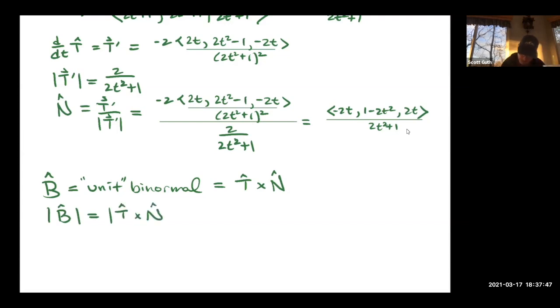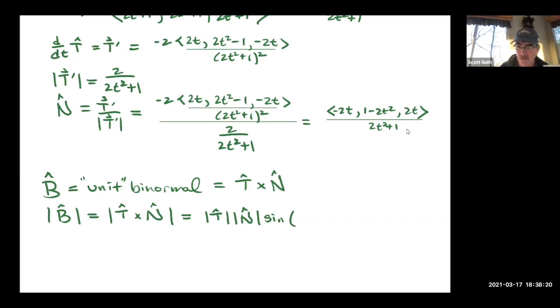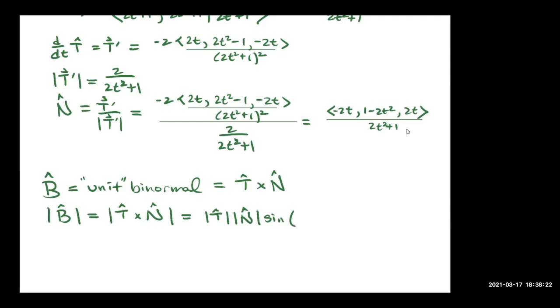Okay, and the magnitude will be equal to the magnitude of T times the magnitude of N times, is it a sine or a cosine? Sine of what angle? Of the angle between T and N. It'd be 90 because they're perpendicular.